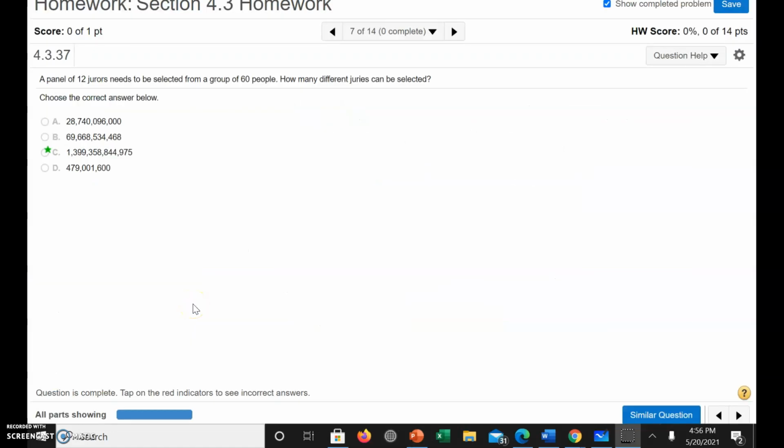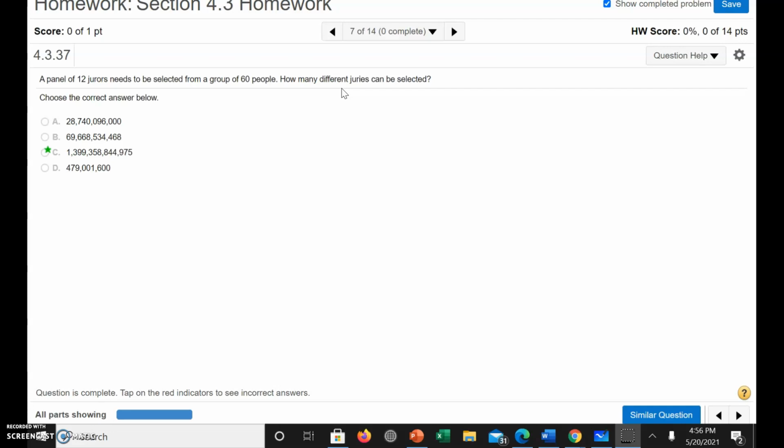Okay, here we are selecting jurors, and we're selecting 12 from a group of 60 people. So how many different juries can be selected? So here, if we select the number, we don't really care if the same juror is juror number 1 or juror number 2.